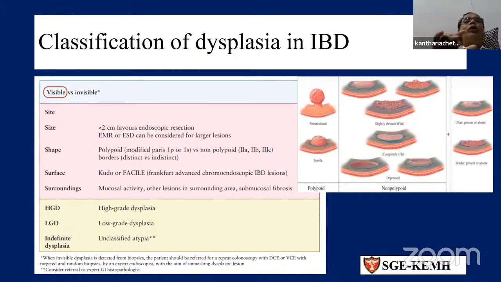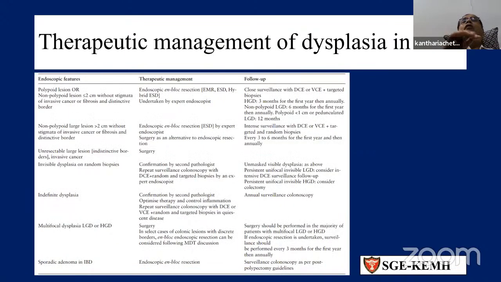Besides this, you also would want to know the degree or severity of dysplasia, whether it is high-grade dysplasia, low-grade dysplasia, or unclassified atypical. Now, what do you do once you know that there is a dysplasia?